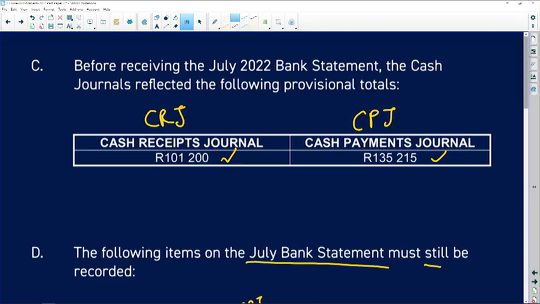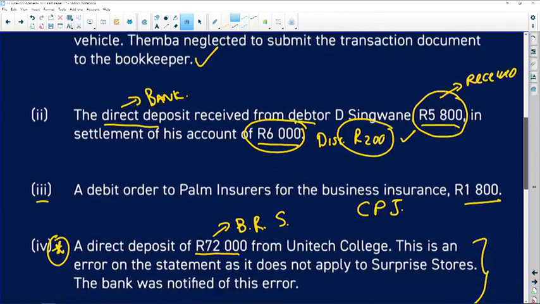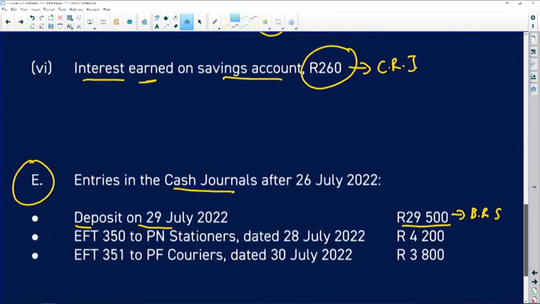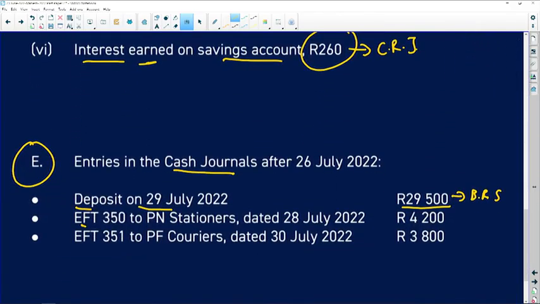Okay, so back to information E. There we go. So we've got two EFTs that are outstanding. 350 and 351. So remember, outstanding EFTs, obviously, once again, they are not in the bank statement, and I've got to show them as outstanding in the bank reconciliation statement.